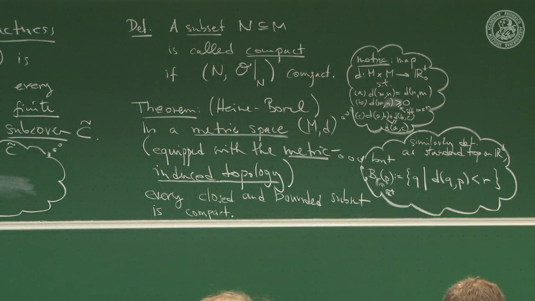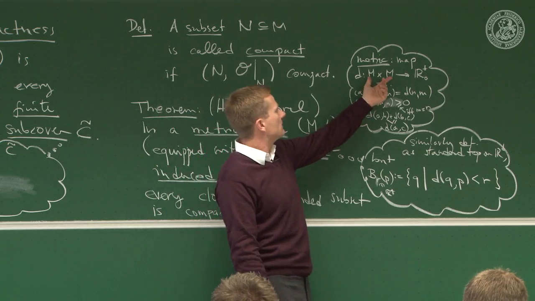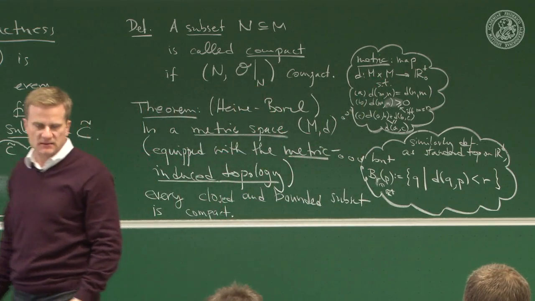You couldn't take the difference between two points to then find the norm. Then you need a more general object that is able to eat two points.